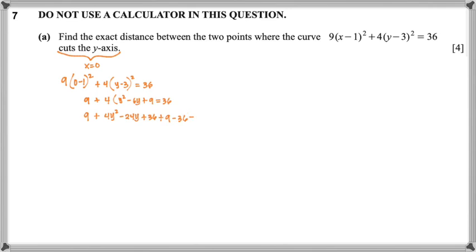So we have the 36 already, so minus 36 is equal to 0.